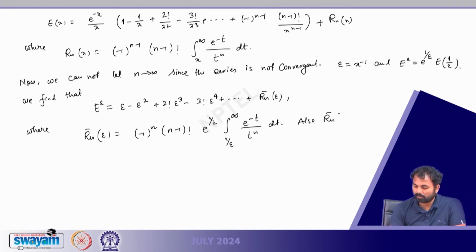R n bar of epsilon, if we take the mod on both sides, this will be less than or equal to n minus 1 factorial times epsilon to the power n.